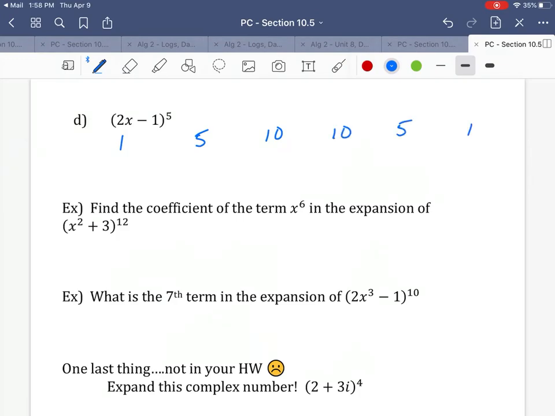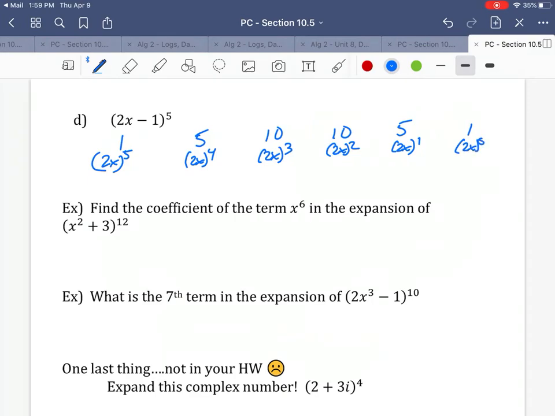I'm going to write my stuff underneath it because it's a little bit large. All right, so underneath this 1, I'm going to write the things next to it. I would have 2x to the fifth power, and then the next one I'd have 2x to the fourth power, and then 2x to the third power, 2x squared, 2x to the first, and then finally 2x to the nothing.